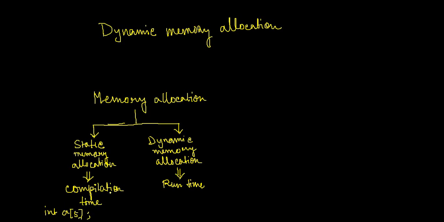So what happened is that at the time of compilation, this memory block is declared and allocated. Now the problem we can face in static memory allocation is that once you declare a memory, the memory declaration is fixed for the entire execution of the program.